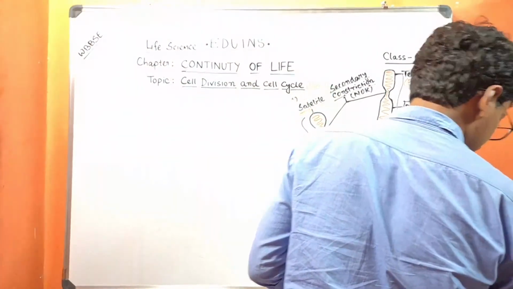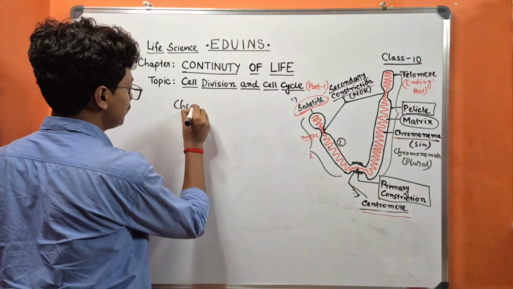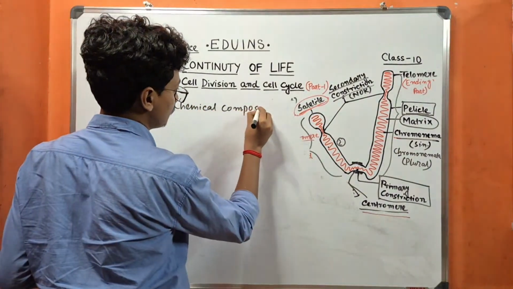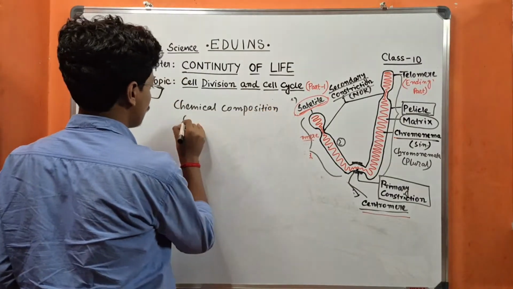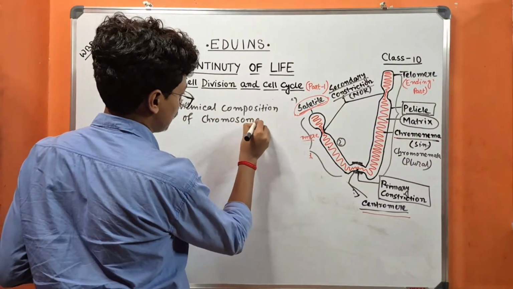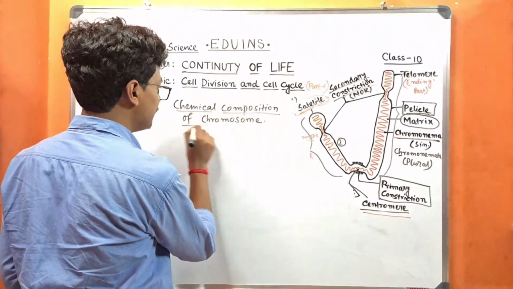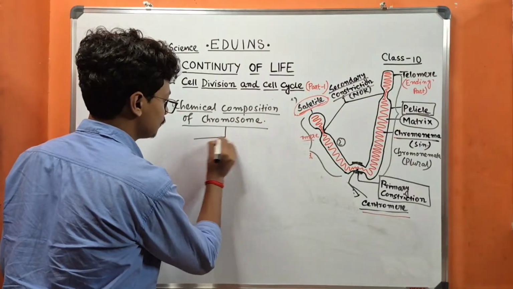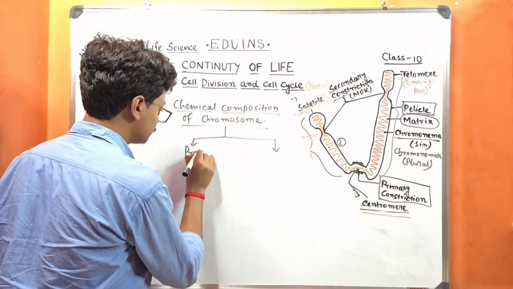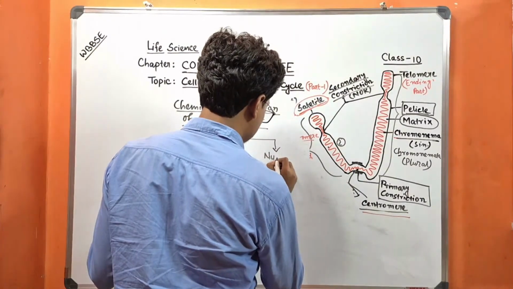So, the chemical composition of chromosome: here the chromosome has two parts. One is protein and another one is nucleic acid.